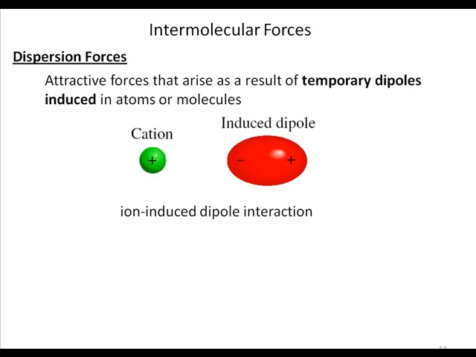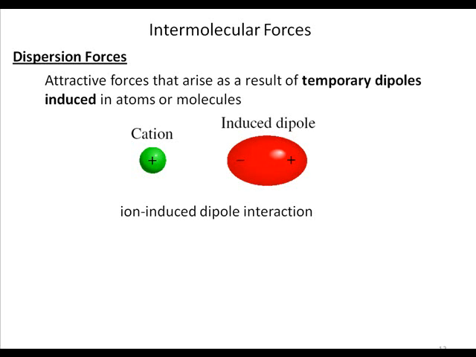You also have to realize you don't have to have it between 2 molecules. If you place a cation, in this case a positive ion, that positive ion will create an attraction for the electron cloud in a nearby molecule.